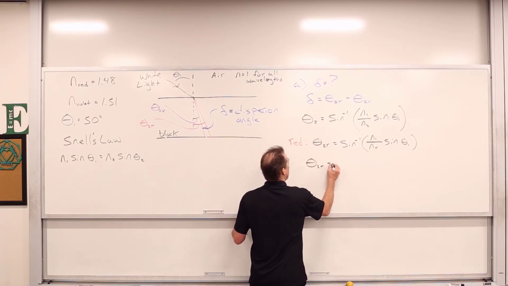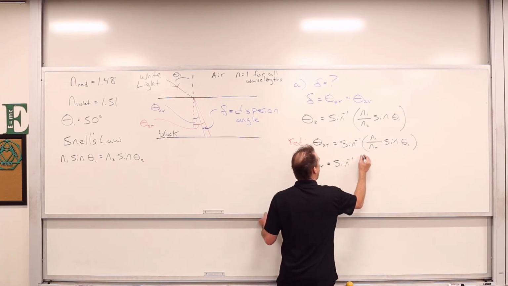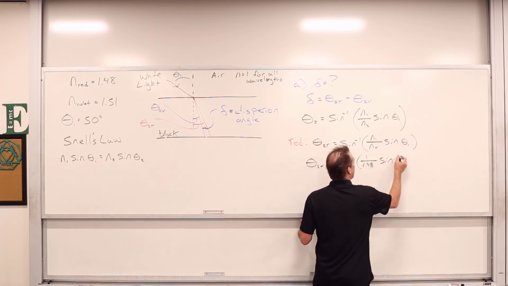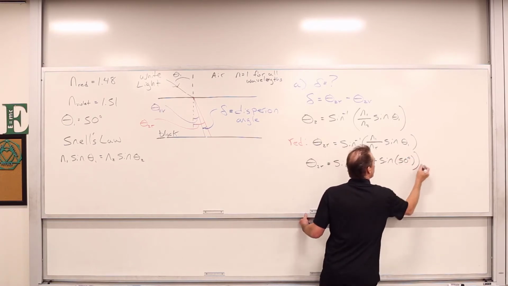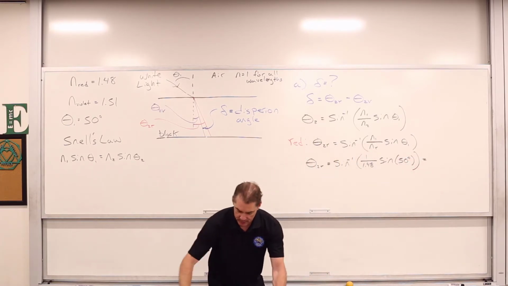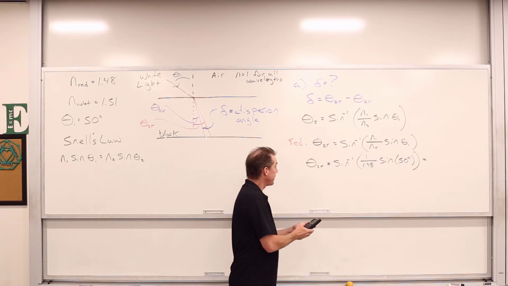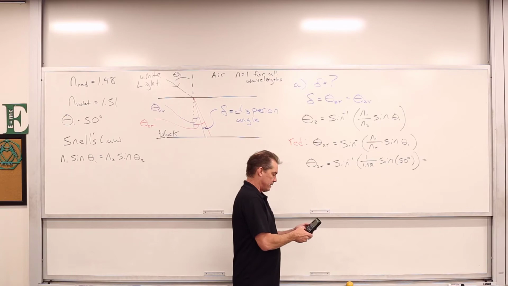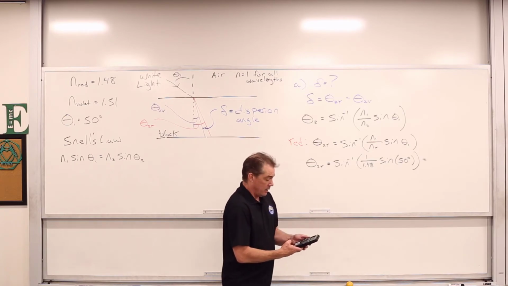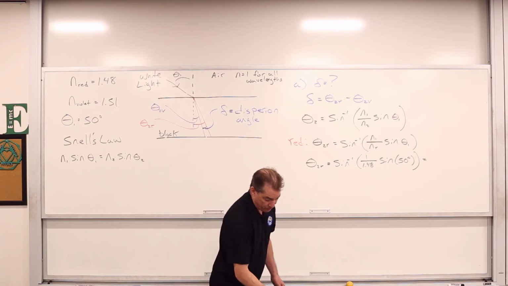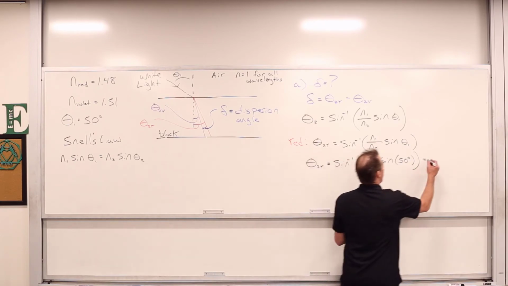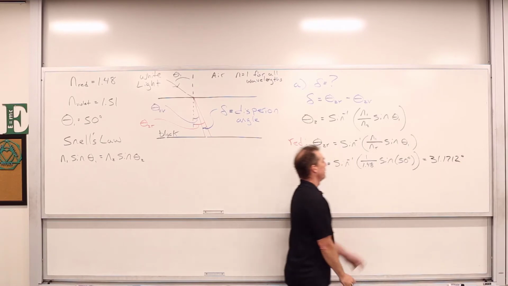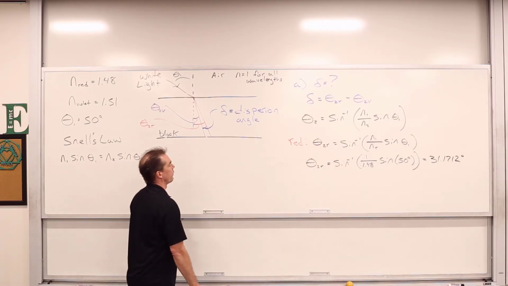Theta 2 red is then equal to the arc sine of 1 over 1.48 times the sine of 50 degrees. The arc sine of all of that, calculator in degrees here. We get 31.1712 degrees. There's the angle of refraction for the red end.